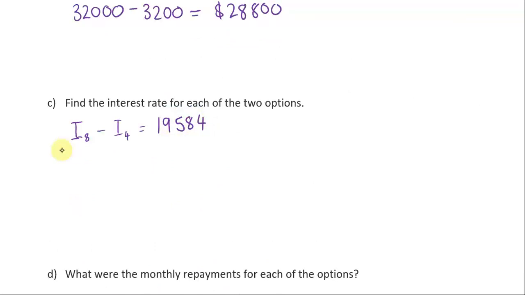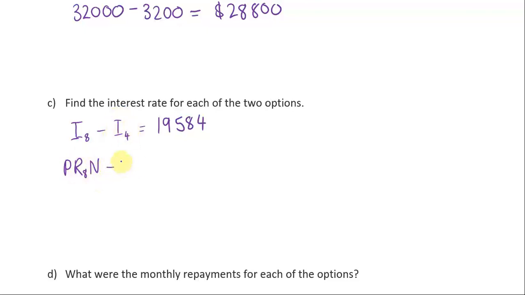We know the formula for interest, so we can rewrite this. Instead of interest for 8 years, we can rewrite it using our interest formula. So that's principal, times the rate at 8 years, times n. I'm using a different r with a little 8 next to it because that's going to be a different interest rate to this formula here.